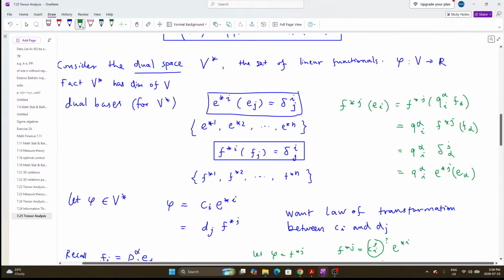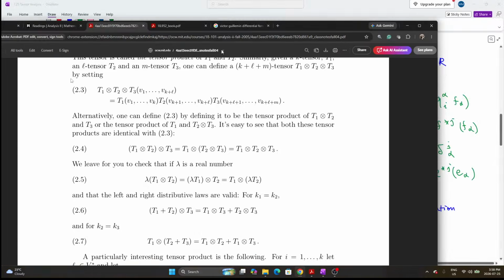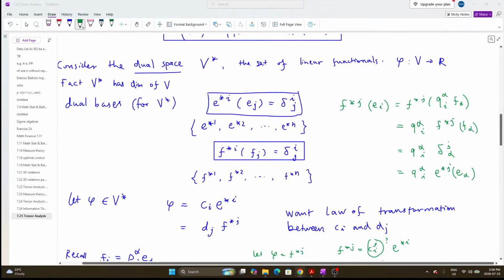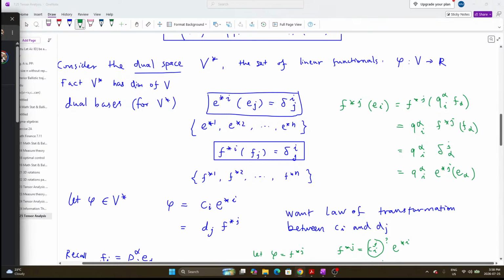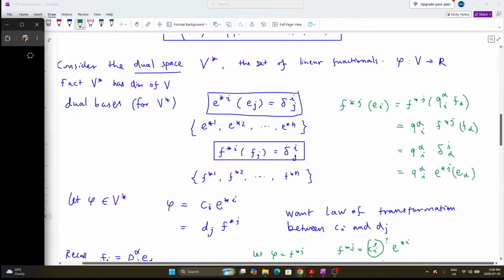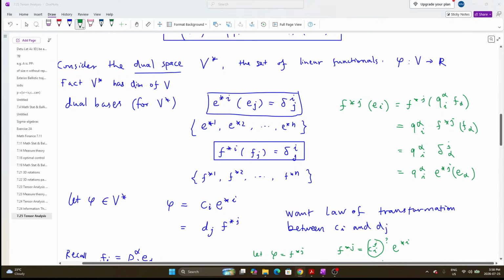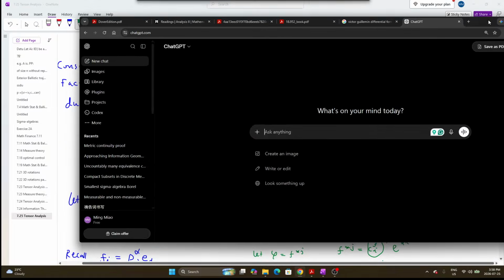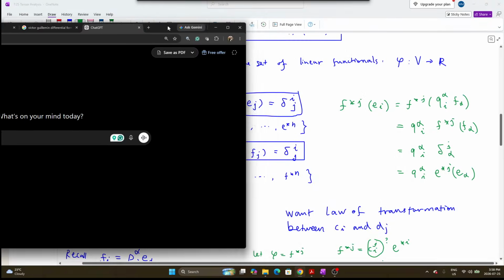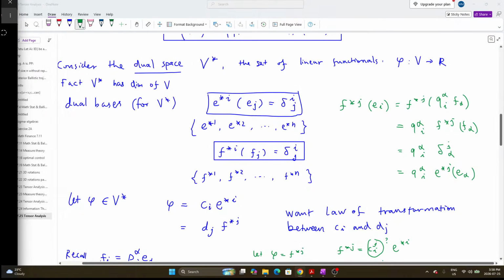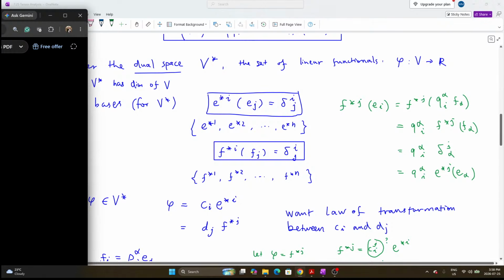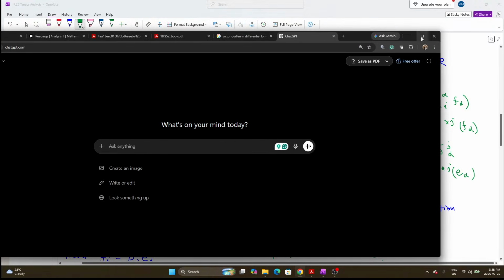Okay, I'm going to use AI a little bit. So ChatGPT, help me out. How do dual bases transform?